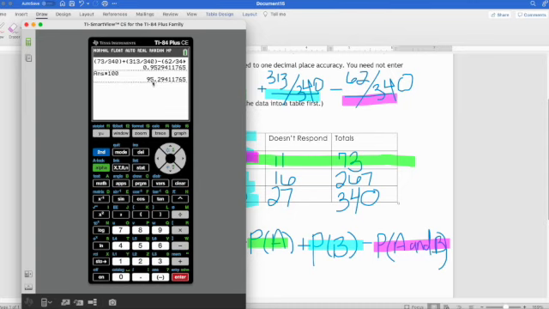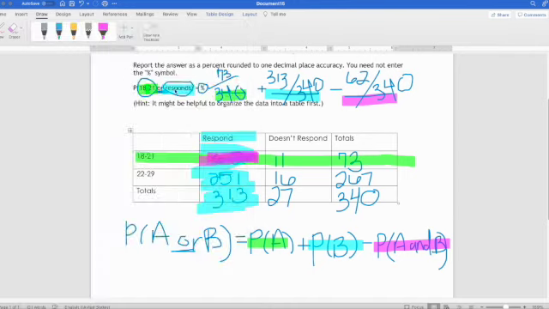So it's going to be 95.3%, because this 9 here is going to make the 2 bump up to a 3. So my final answer, when I put it in percent form, rounded to 1 decimal place, is 95.3%. Now, if it asked for the decimal value, I would just leave it as 0.953.